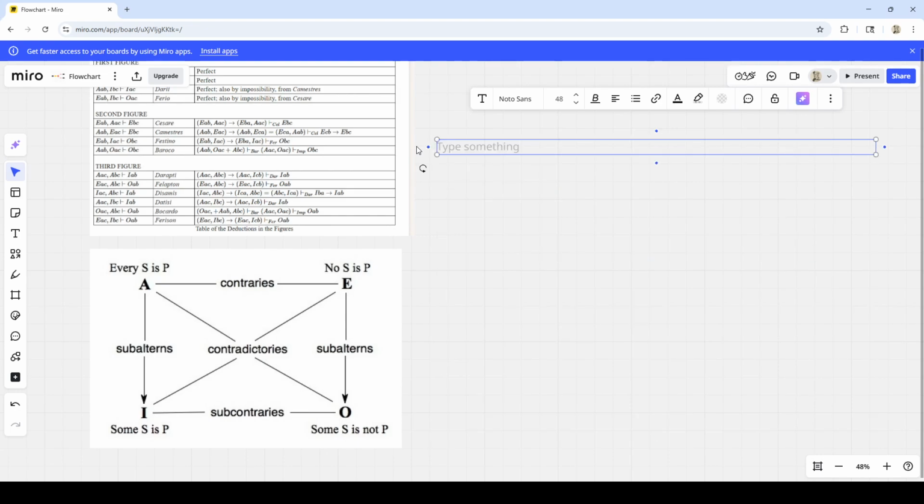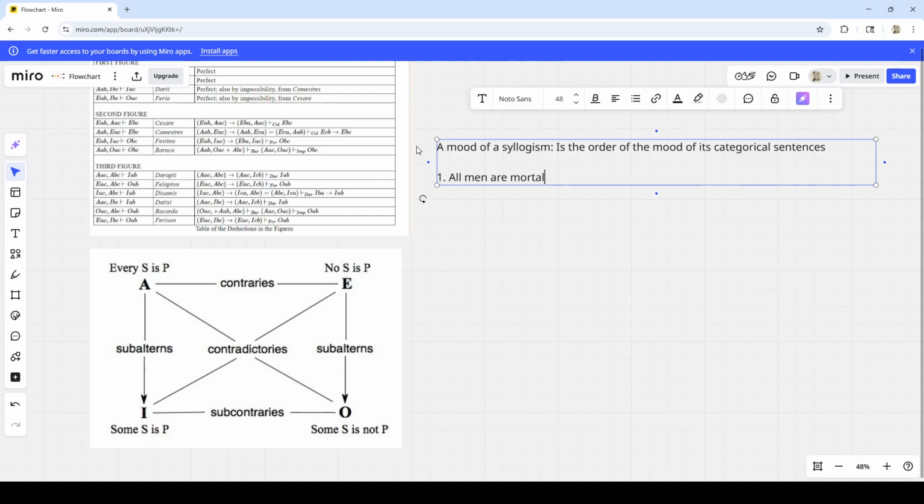But yeah, so the mood of a syllogism is the order of the moods of its categorical sentences. So for example, if I say all men are mortal, and Socrates is a man, I can conclude that therefore Socrates is mortal.